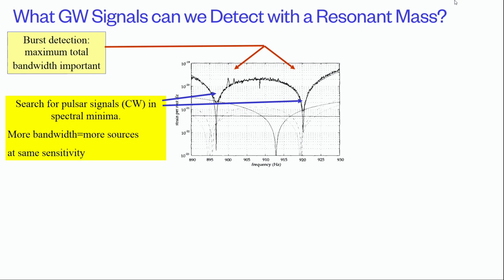Sorry, can I interrupt again? Sure. So here, when you show a plot like that, strain per root hertz, is there any time integration that has gone in there already? So that's the instantaneous noise. I will show when I talk about axion detectors, and I'll define that better. I know I haven't done that.